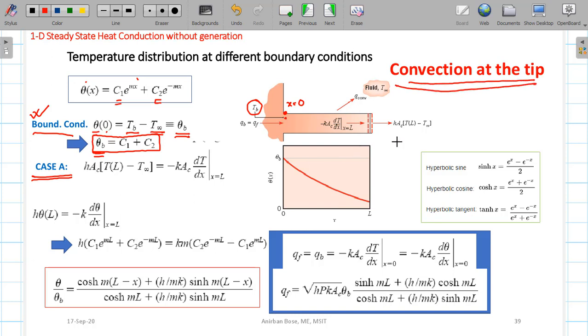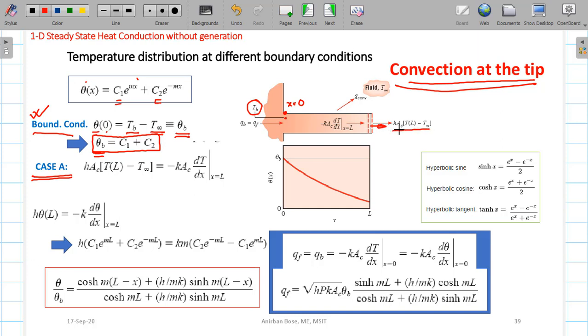The case A boundary condition is convection at the tip. So at the tip, meaning the other end of the fin, which is the free end of the fin, you are considering as if convection is taking place. That means the heat is transferred to the air or some fluid through convection.